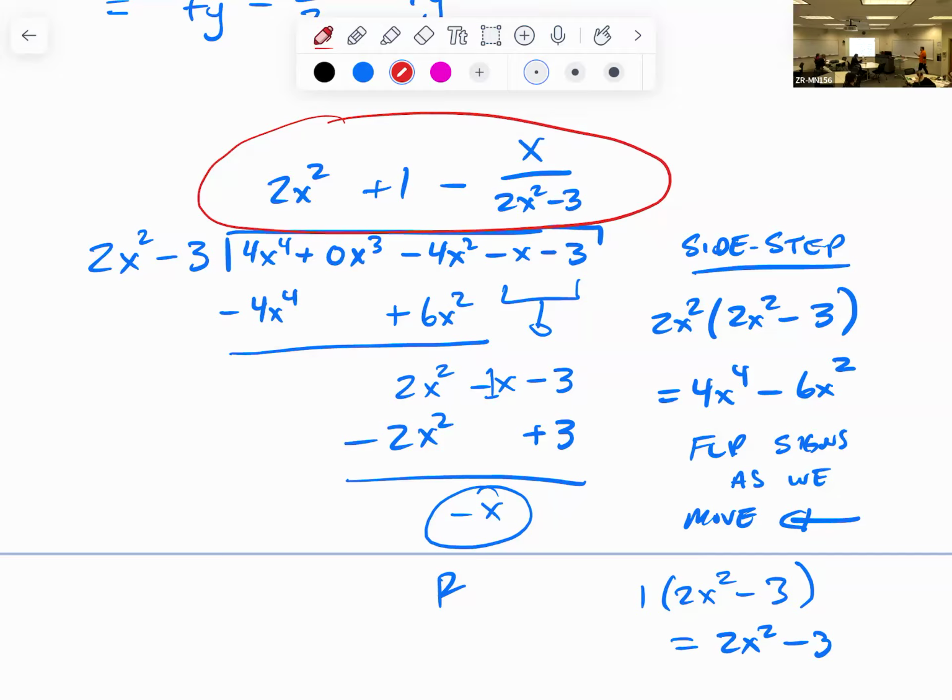This stuff is uber detail oriented. Signs: we rainbowed, we're flipping signs, we're doing subtraction and then rainbowing again. So this stuff is super detail oriented and you really have to keep track of each step as you go.